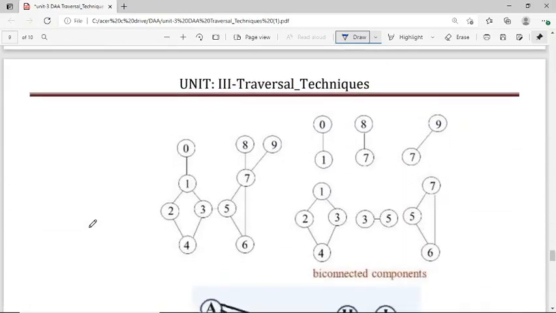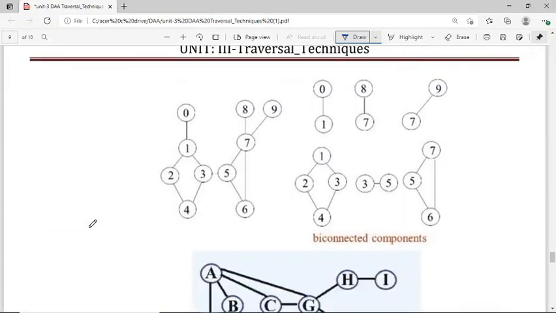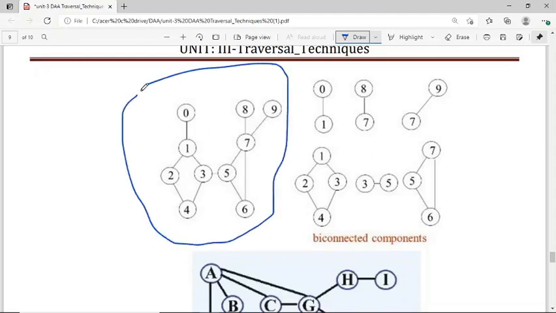Let's go and check the graph. So in this graph, how many ways can we break it? This is a graph, and this graph is broken into this many components. So these all are the biconnected components.